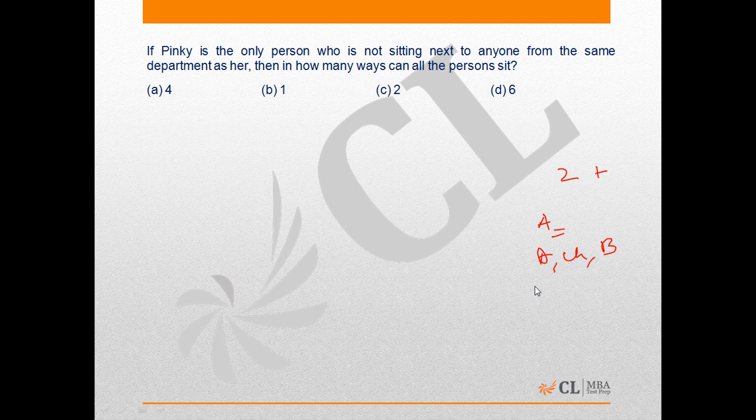And in the second case, the persons on either side of Pinky will be Nitin and Lokesh, and in that case Chirag will also be a person who would not have any of his neighbors from the department to which he belongs. Hence there is no possibility in the second arrangement. Therefore, there are only two ways in which 8 people can sit if the given condition holds. Therefore, option C is the correct answer.